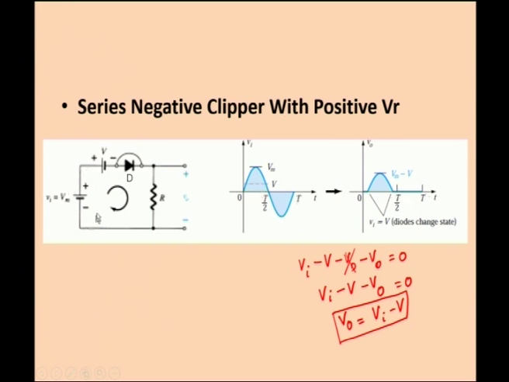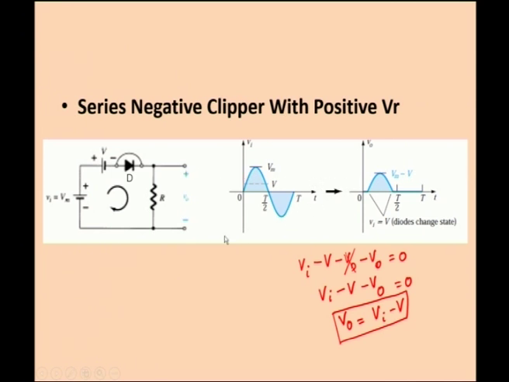Only for the positive signal, the forward bias condition happens and the diode will be shorted, and there is a flow of current and the output follows the input. For the negative values of the input, the diode will be reverse biased and will act as an open circuit, so there is no flow of current. There is no connection between the input and the output, and so the output is 0 for the negative value.